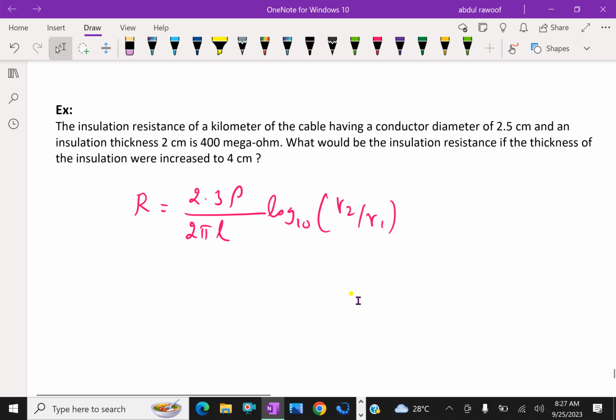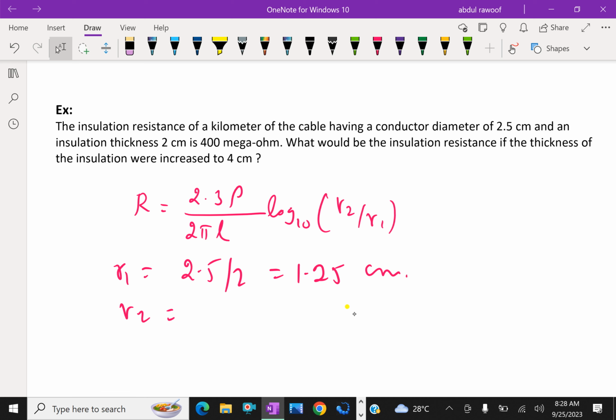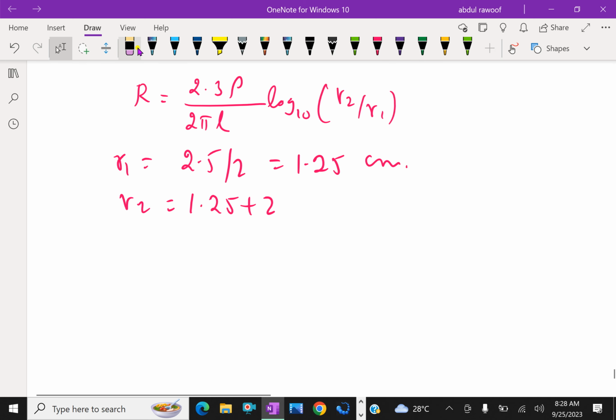Now the given R1, the cable radius, is the diameter 2.5 divided by 2, which is 1.25 centimeter, and R2, the outer radius, is 1.25 plus 2, since the insulation thickness is 2. So core radius plus insulation thickness gives 3.25 centimeter.